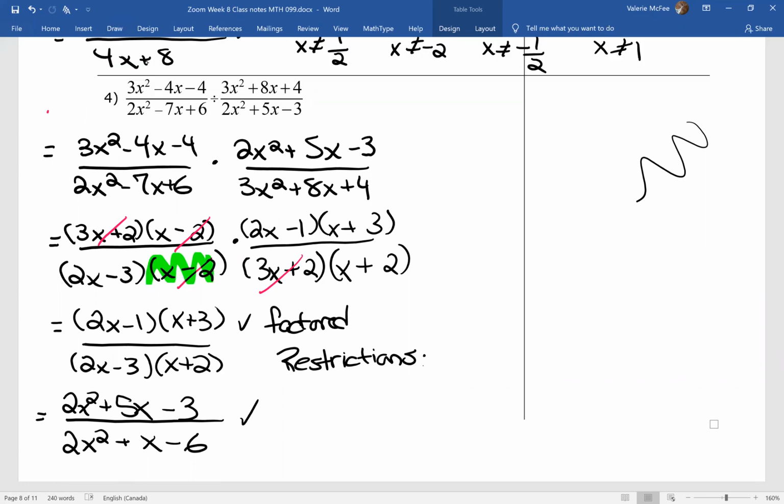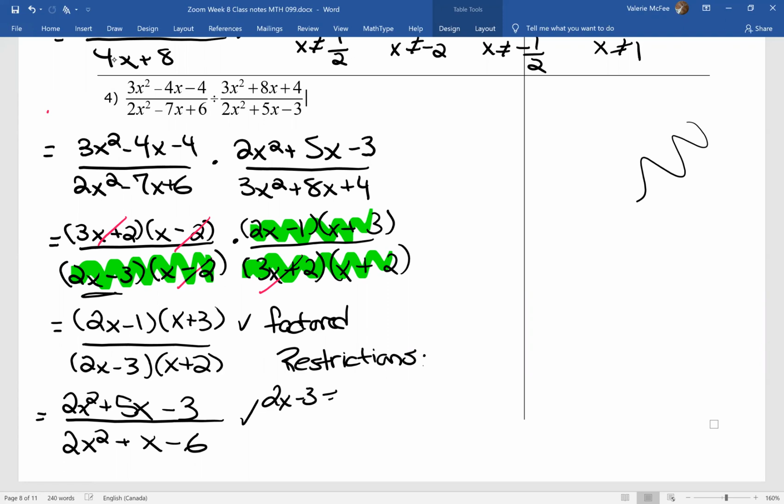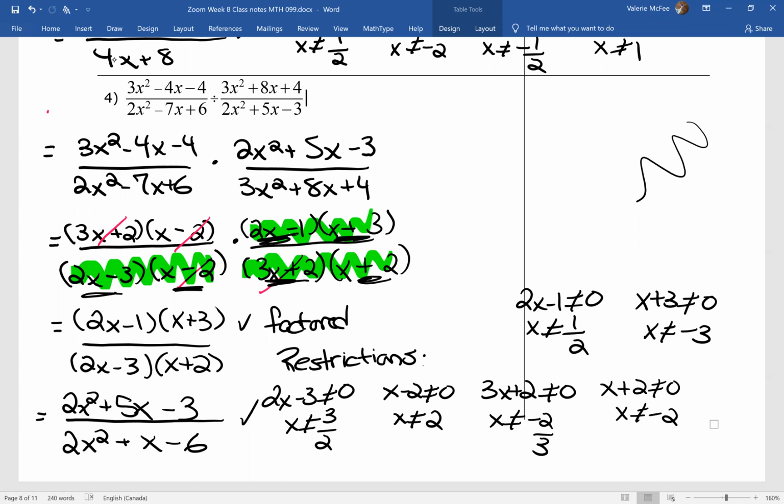Again, for division, we're looking at B, C, and D. There are a lot of restrictions for this question. Did you have 6 restrictions? Hope so.